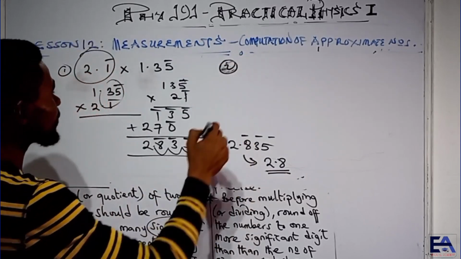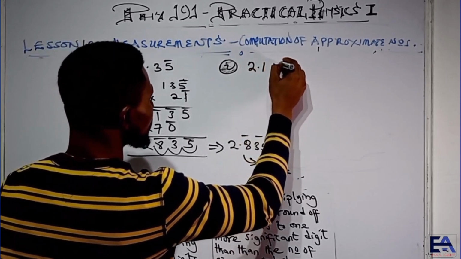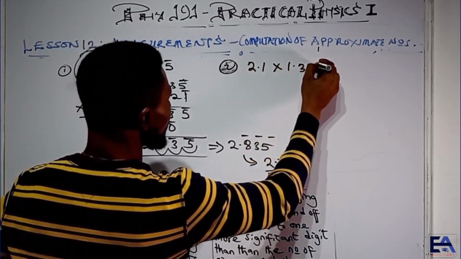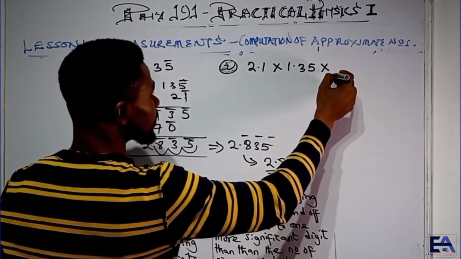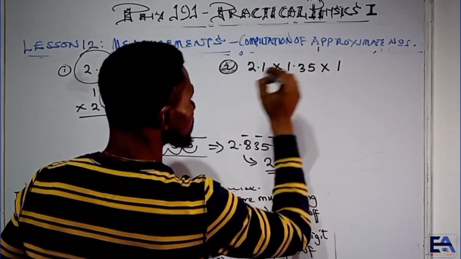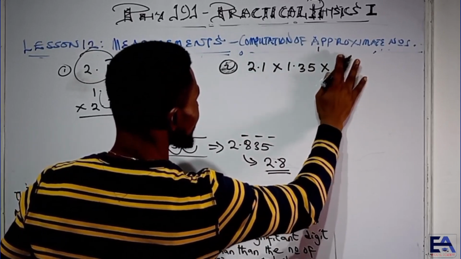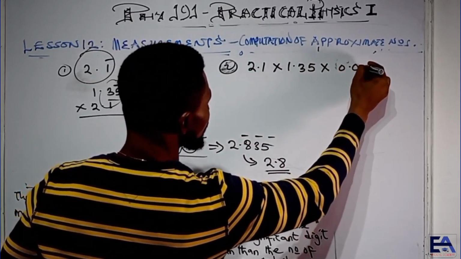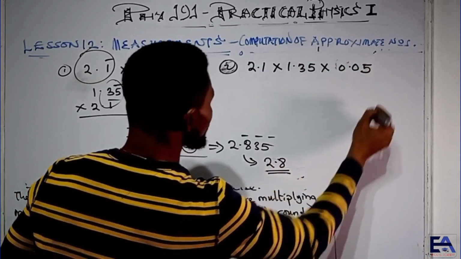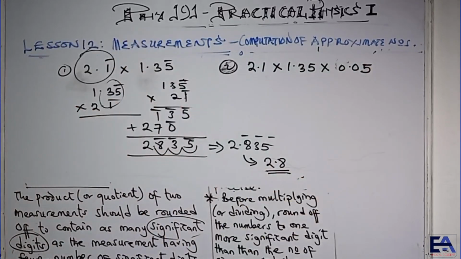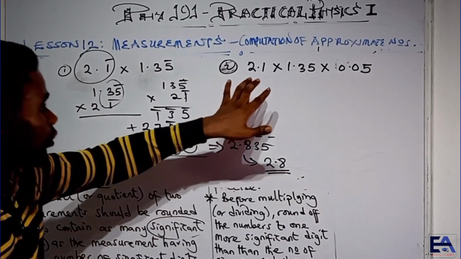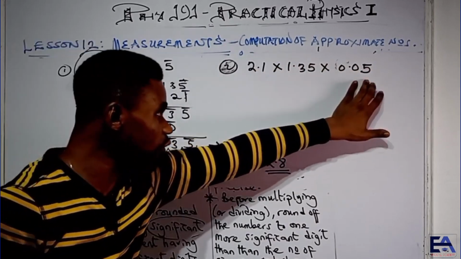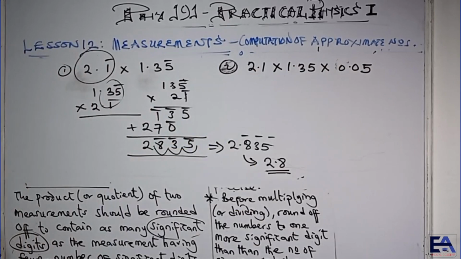So if we have 2.1 times 1.35 multiplied by 0.05. Check this out. To multiply this, we will first need to do the first 2. Then the first 2 is used to multiply the last one, so that it will be easy for us.